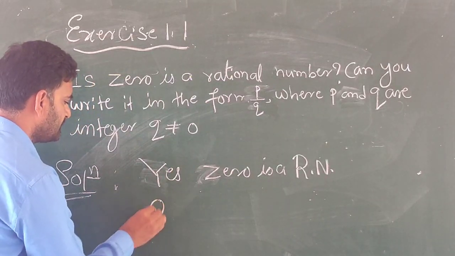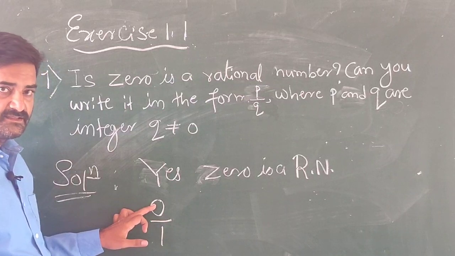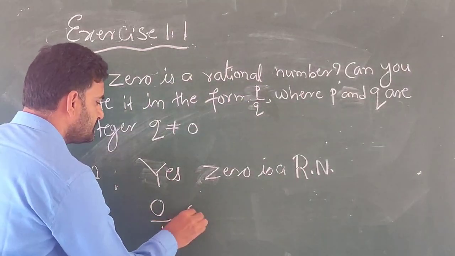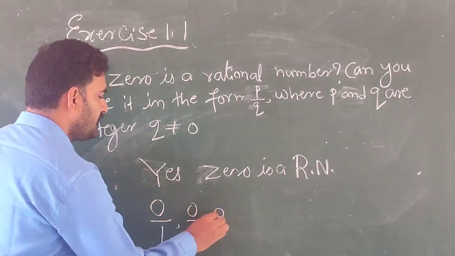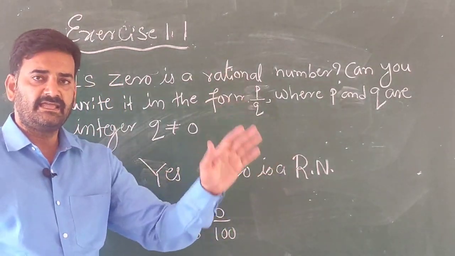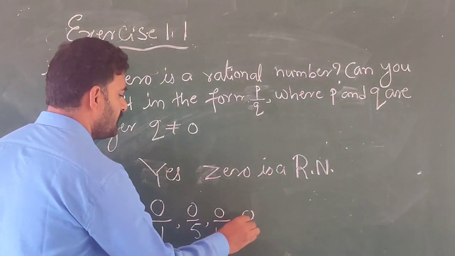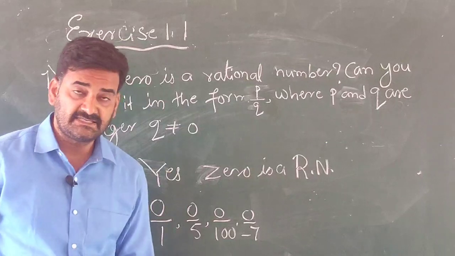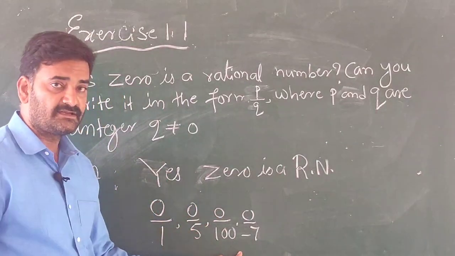Now you see 0 by 1, it is p and it is q. 0 by 5, 0 by 100, 0 by 19, any number can be the denominator, or 0 by minus 7, you can even take minus, but the condition is that the denominator should not equal 0, and that I am not doing.